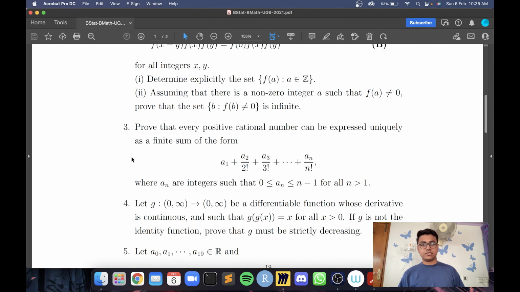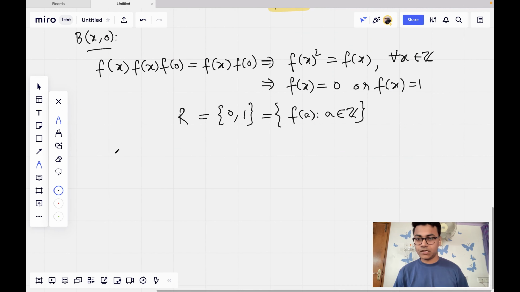Assuming that there is a non-zero integer a such that f of a is not equal to 0, we have to prove that the set B, that is the set of all integers for which f assumes a non-zero value, is infinite. This is the second part.